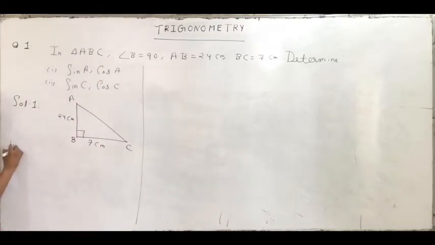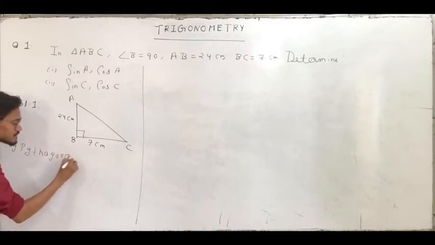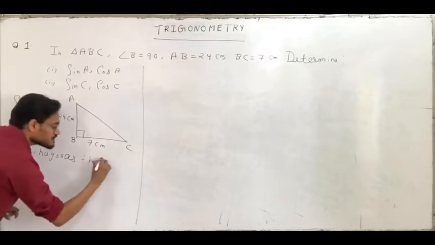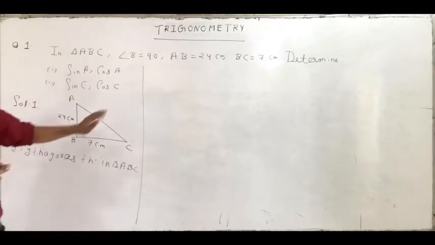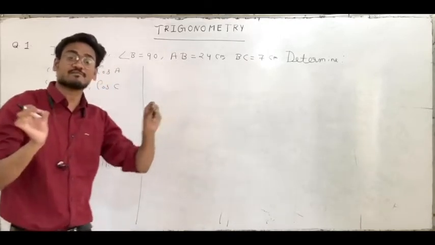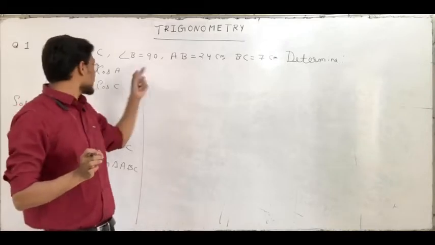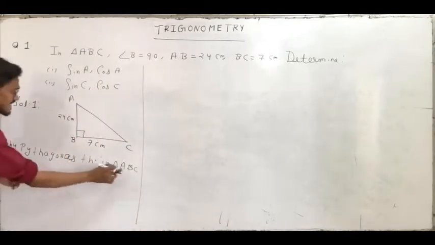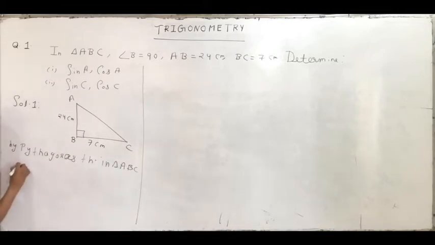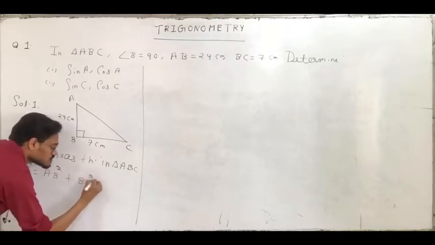So by Pythagoras theorem in triangle ABC. See students, this is a very basic question. I am starting with a very basic question in which I am finding the trigonometric ratios of angle A and angle C. Now in triangle ABC, by Pythagoras theorem I can write AC square is equal to AB square plus BC square.